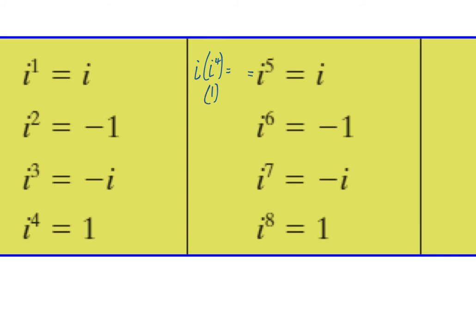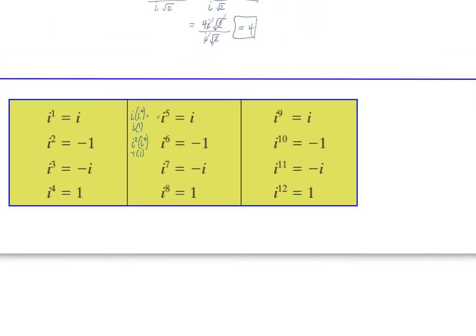And then the i stays the same, so i to the 5th is equal to i, and therefore you have this never-ending pattern, because i to the 6th is the same thing as i squared times i to the 4th. That's i to the 6th. Keep your base, add your exponents. And i squared is equal to negative 1. i to the 4th is equal to positive 1. And so that's how we get negative 1. Anyway, it's this never-ending pattern.